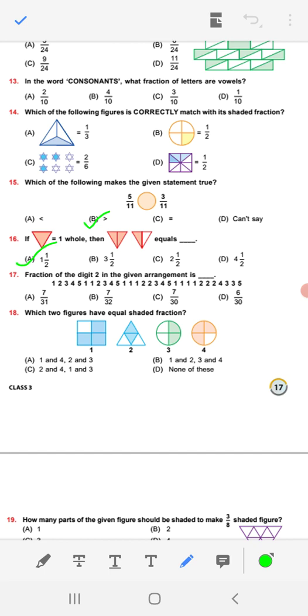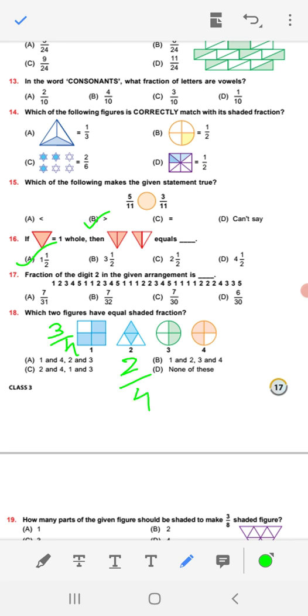Now passing to question number 18. Which two figures have equal shaded fractions of the figure? First one, 3 is shaded out of 4, so this becomes 3 by 4. Second, 2 out of 4, so 2 by 4.